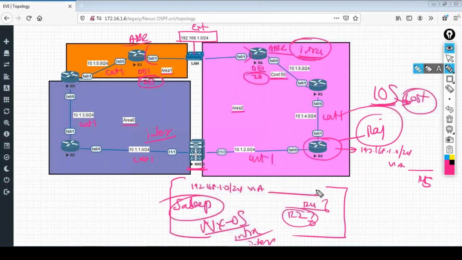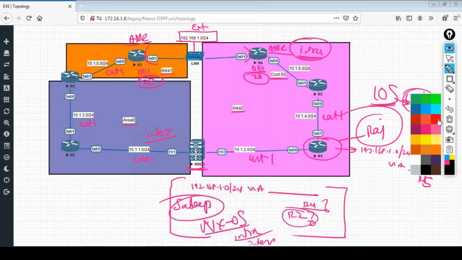So whenever you mix up Nexus OS with an IOS, be very careful with these kinds of scenarios when you get an ASBR, this logic. The reason is OSPF comes with a lot of RFCs.